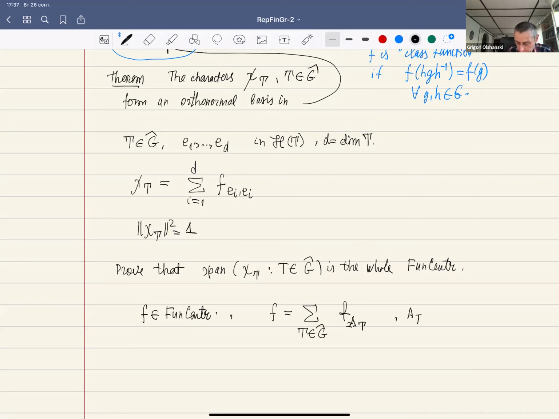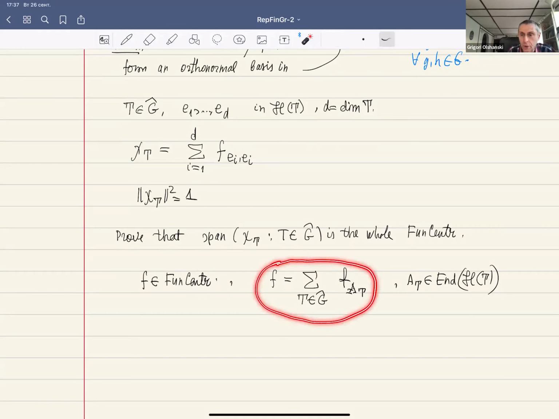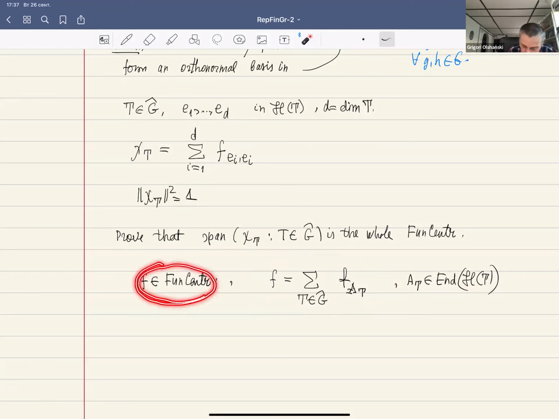A sub t is some operator in the space. Okay? So we have this by our previous result. But this claim holds for any arbitrary function. But now we want to use this property.